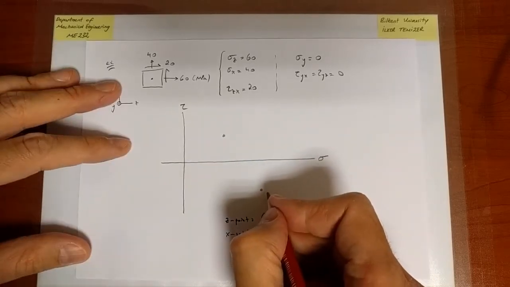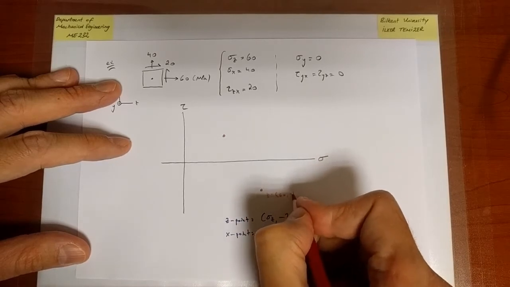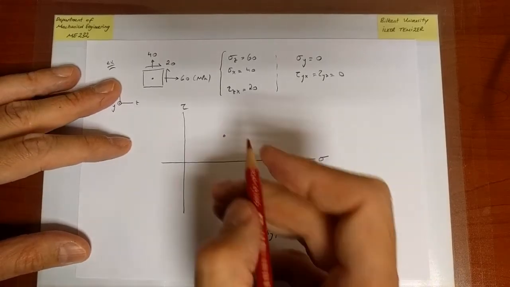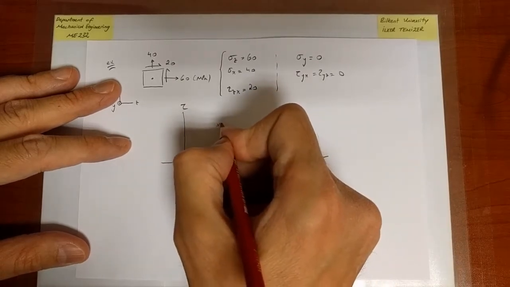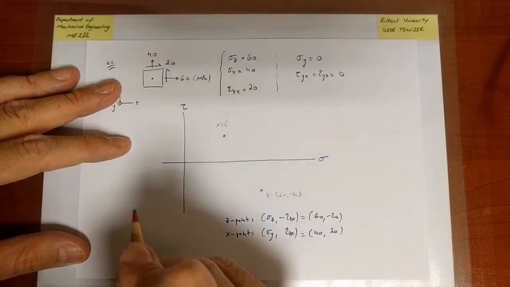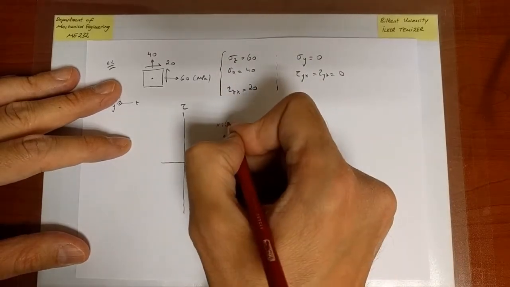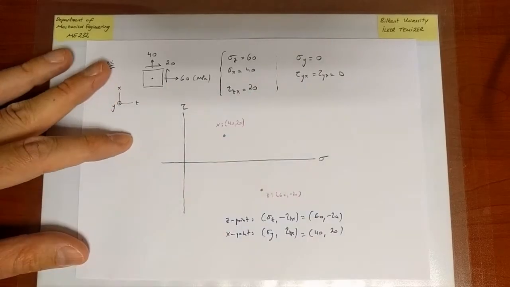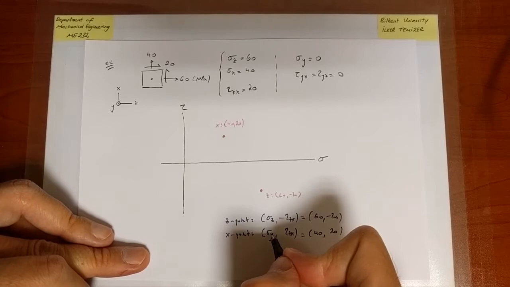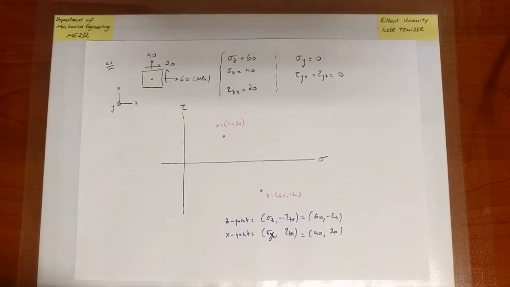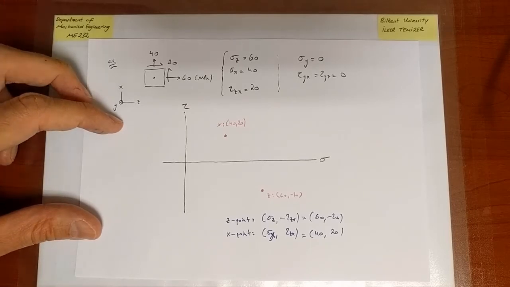So this here is the z point, 60 minus 20. That one over there is the x point. I should probably correct this error that I made. It's the x direction, so this should be sigma x. I'm sorry, I'm correcting.